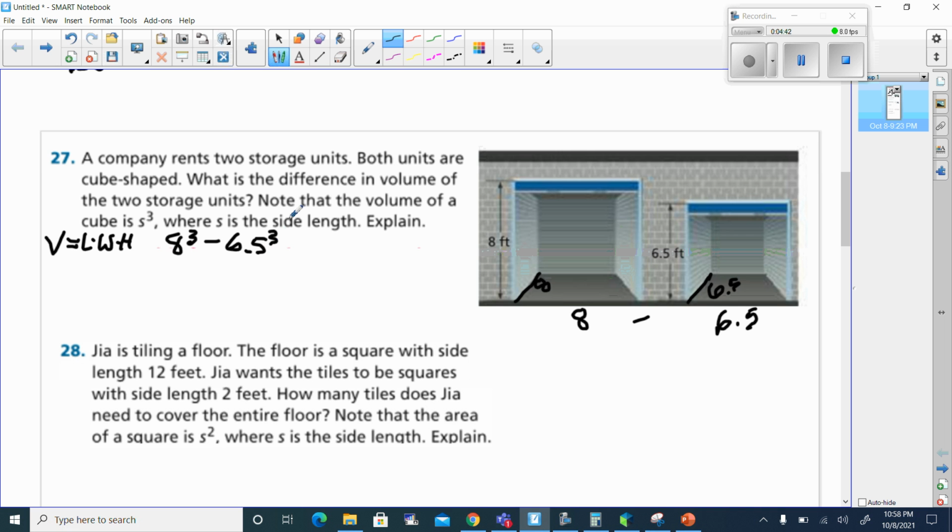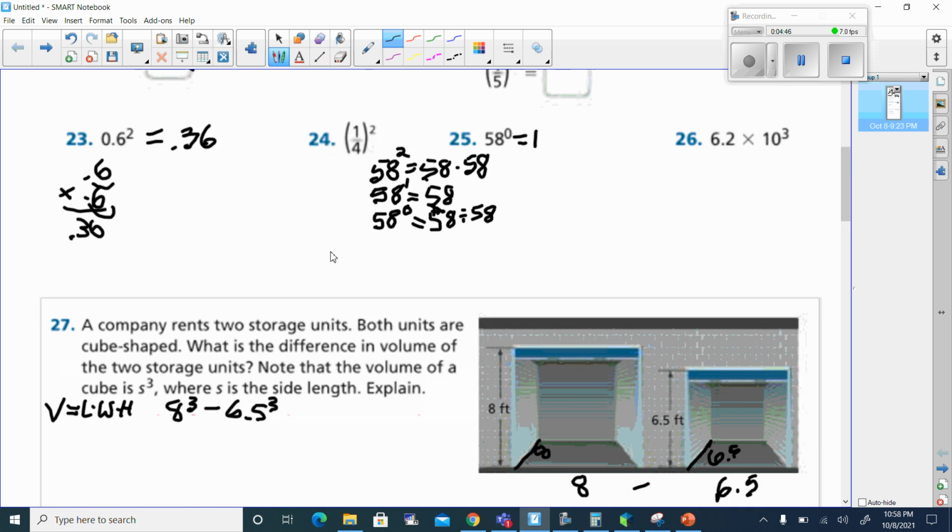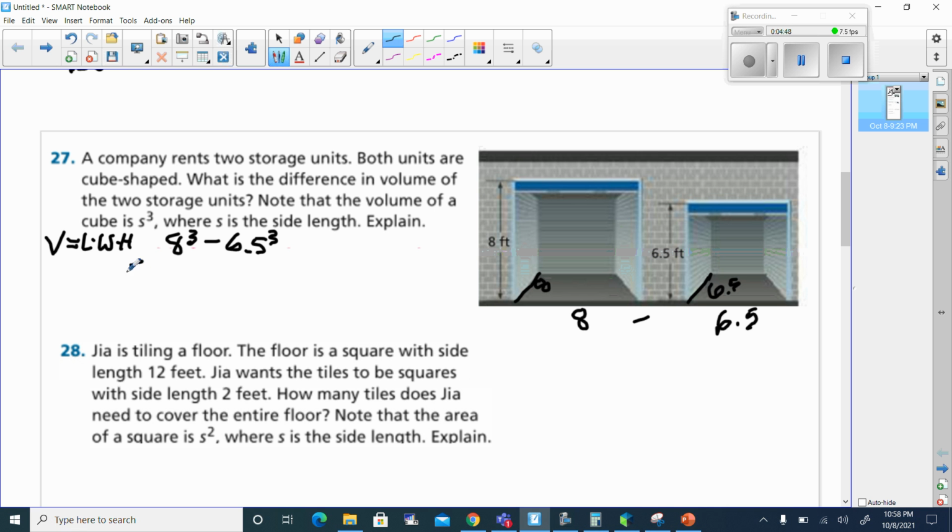8 to the 3rd power, I think we did something like that over here. Oh, good. 512. We already know what that is. So 512. And now we're minusing 6.5 to the 3rd power.